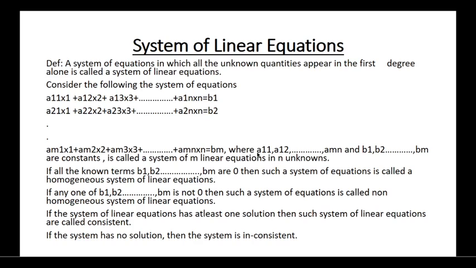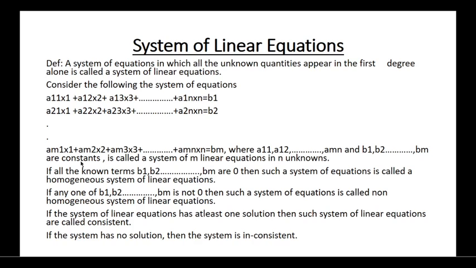Here a11, a12, a13, a1n, like that a21, a22, a2n, am1, am2, amn, all these are constants. Similarly, the right hand side terms b1, b2, like that bm, all these are real constants.